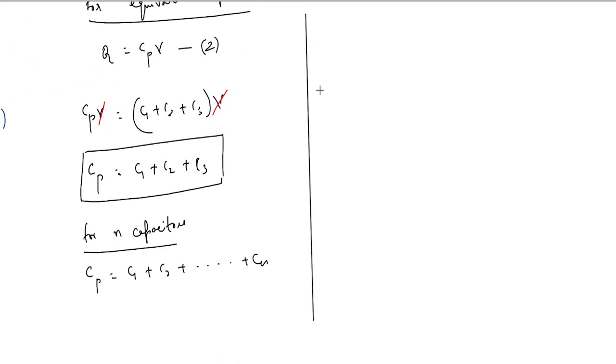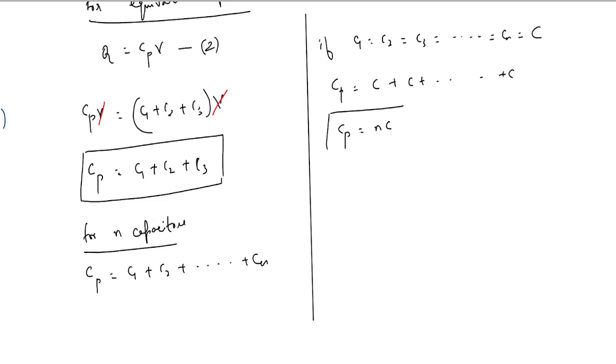Suppose C1 is equal to C2 is equal to C3, all of the same value C, then Cp is equal to C plus C, etc., plus C. So C parallel is equal to n times C. This is the equivalent for n capacitors when all are of the same value.